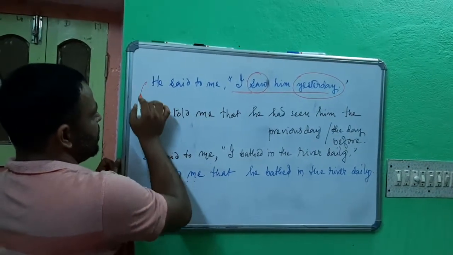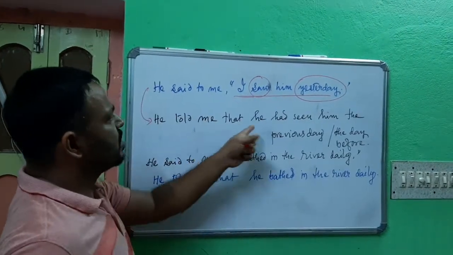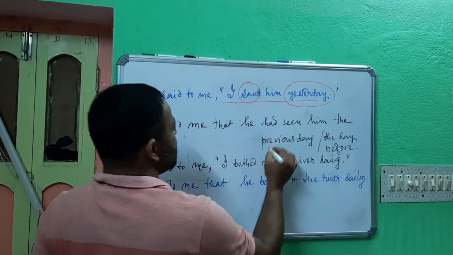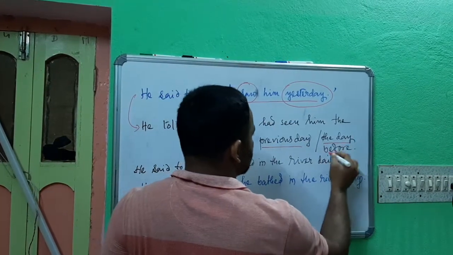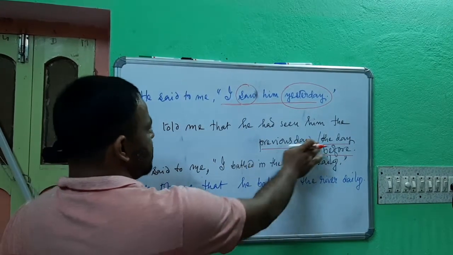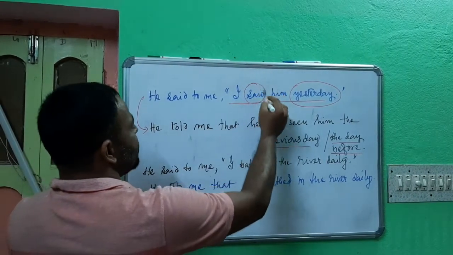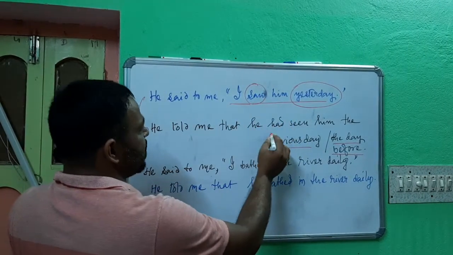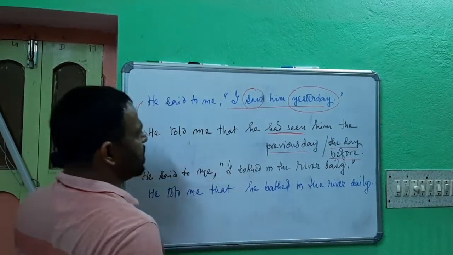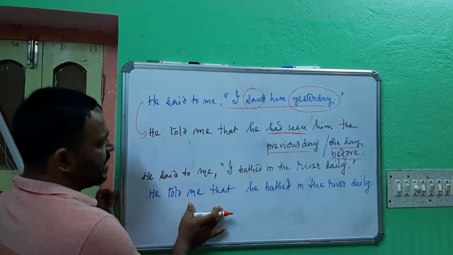After changing it into indirect narration, it would be: he told me that he had seen him the previous day. For yesterday, you can use the previous day or the day before in indirect narration. I have clarified in the last example why past perfect is used in place of saw.